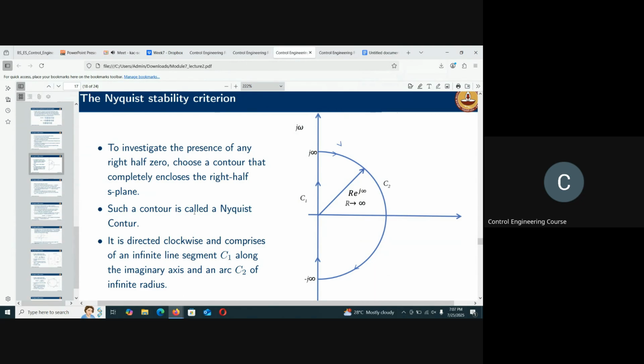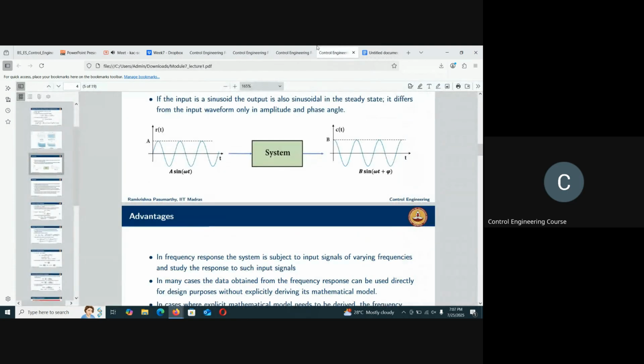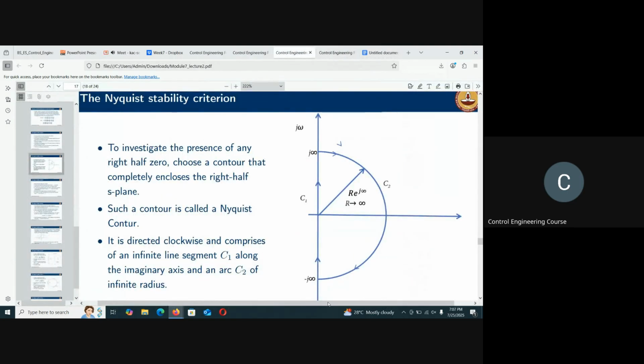So such a contour is called the Nyquist contour. As r tends to infinity, this part will no longer be visible; it will all go to infinity. You'll get just this part, the entire imaginary axis. This semicircle is made up of two parts. One is the diametric straight line.